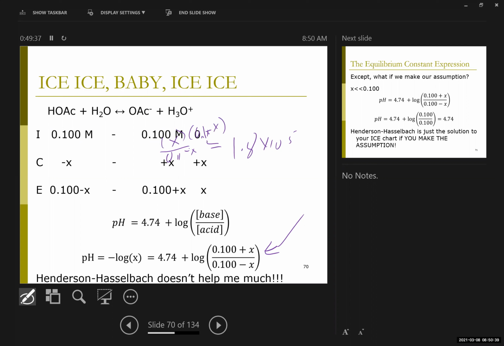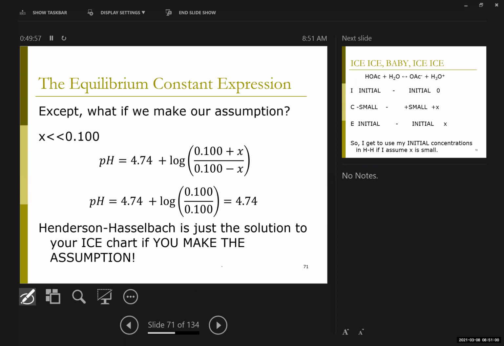Except what happened when I solved my Ka equation is that the assumption worked, which meant what? It meant this X and this X were insignificant. Well, if this X and this X are insignificant, what I actually have is the initial concentrations of the acid and the conjugate base.